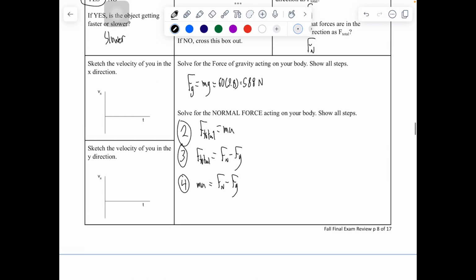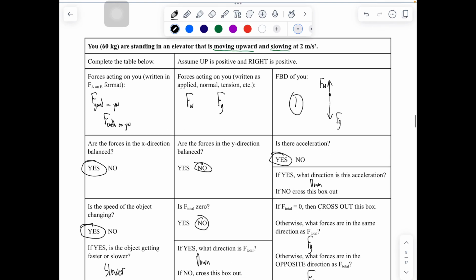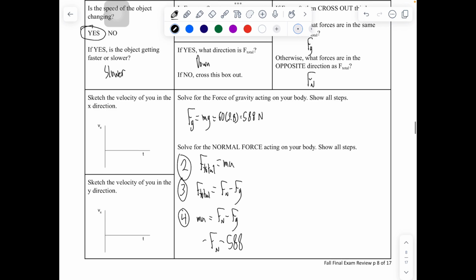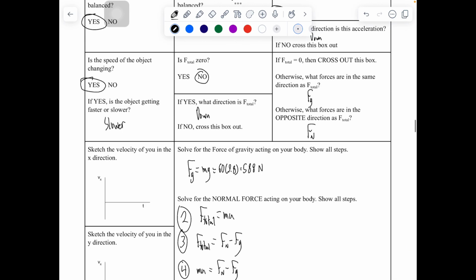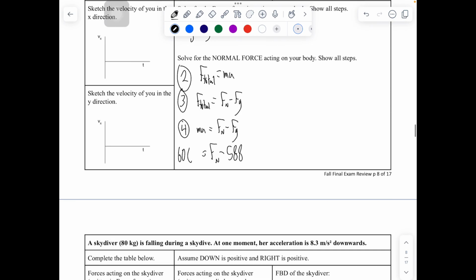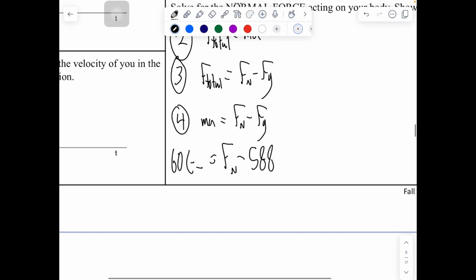And now we know the force of gravity. So we plug that in, right? Force of gravity is 588. We know our mass, 60. And we know our acceleration, more specifically, -2. So now we can say, okay, 60 times -2, that's going to give us negative 120.